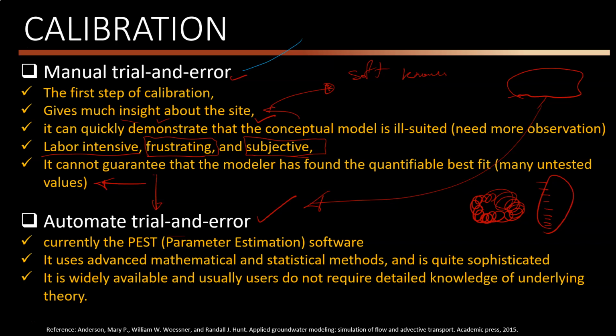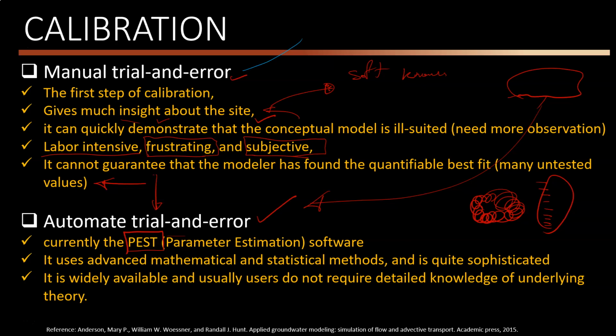Now, in the groundwater modeling world, we usually extensively use the calibration software known as PEST, which stands for Parameter Estimation Software. It is developed by John Doherty. John Doherty has done a great job here.